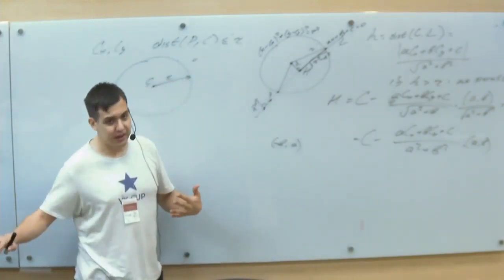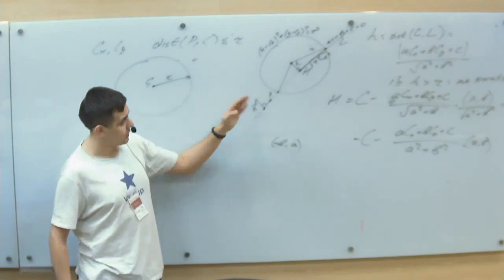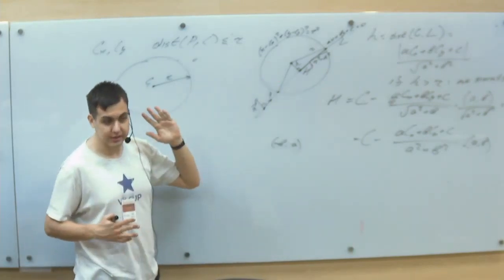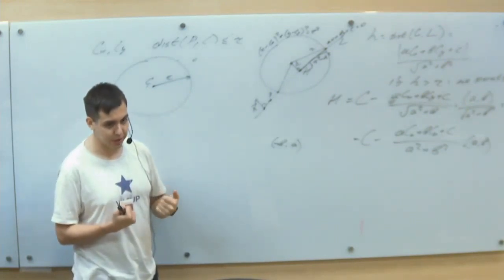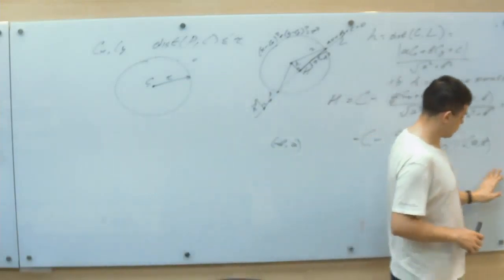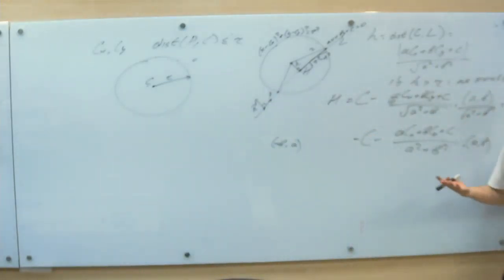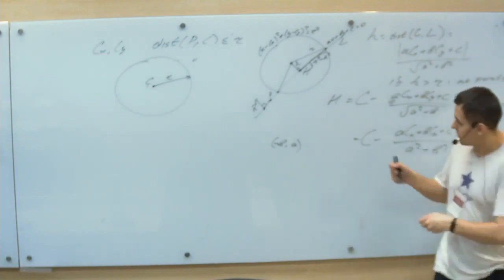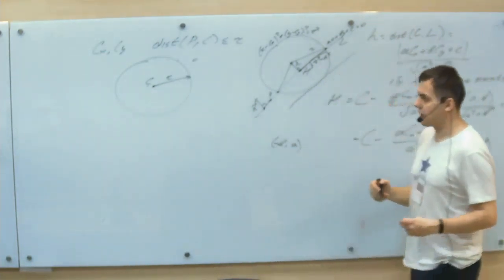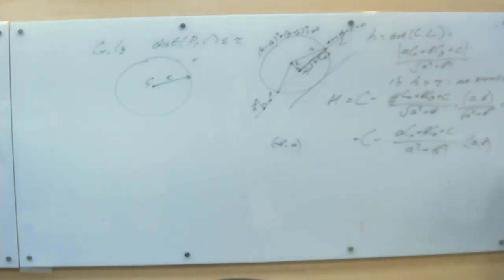But if you want to just print 0 if line and circle intersect, and print 1 if these two intersect, you cannot have an error. So a very small error will lead to the wrong answer, right? So if the line and circle are very close, you can have a small computational error, and this is why you will get wrong answer.